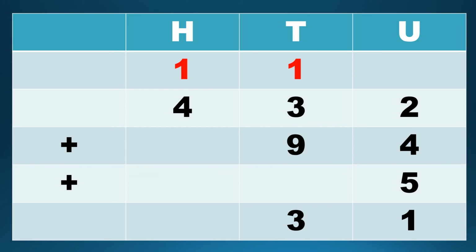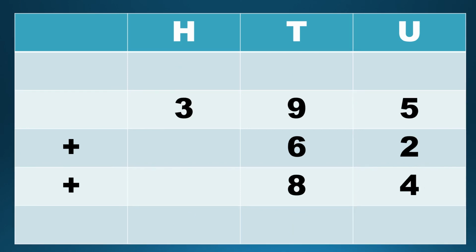The answer is 13. So 3 is in the tens place and we carry over the 10 to the hundreds place. So there's nothing to add here with 4 except the carryover. So 1 plus 4. You are correct. The answer is 5. So our answer is 531.